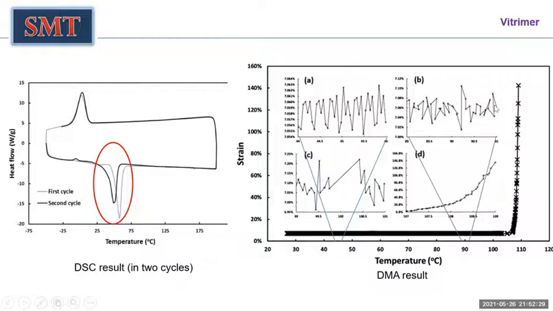You can see the strain upon cyclical loading. And even when heated to this part, about 100 degrees, it still maintains its shape, which is well above its melting temperature, as you can refer to the DSC results.